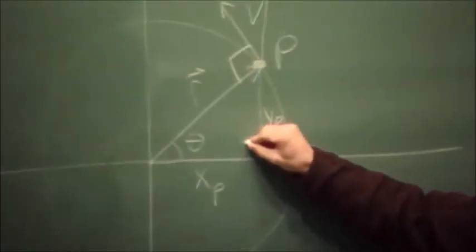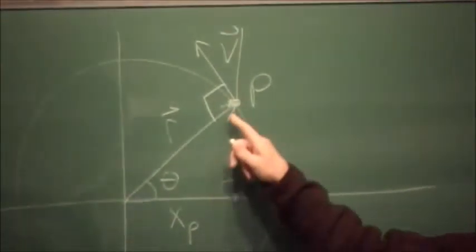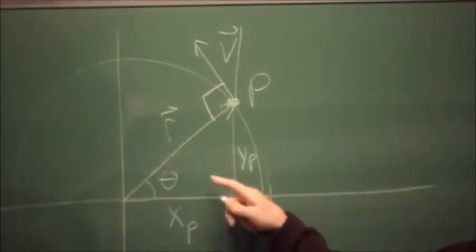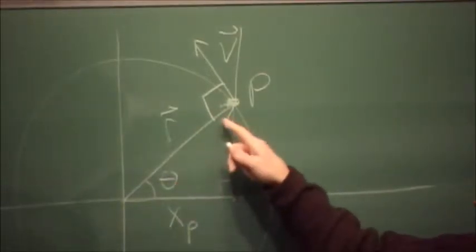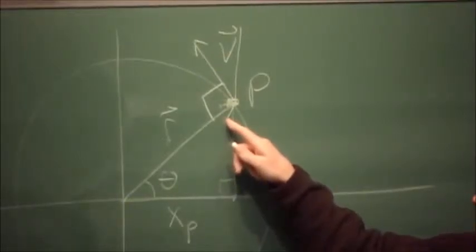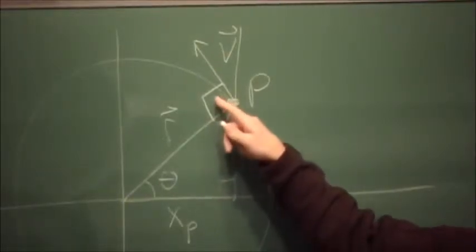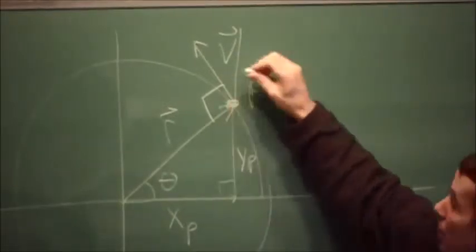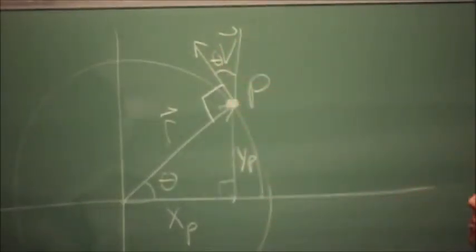We know that this is 90 degrees here, so this has to be 180 minus 90 minus theta. So we get 90 minus theta up here. Okay, we have 90 minus theta plus 90. So what does that have to be equal to? Theta. Right? So this is theta up here as well.